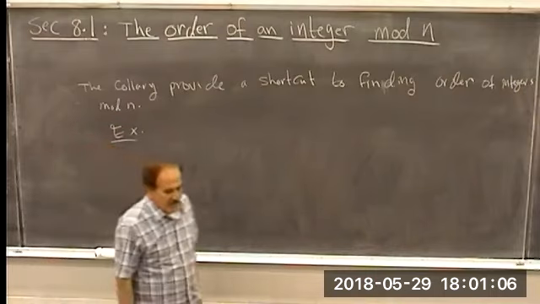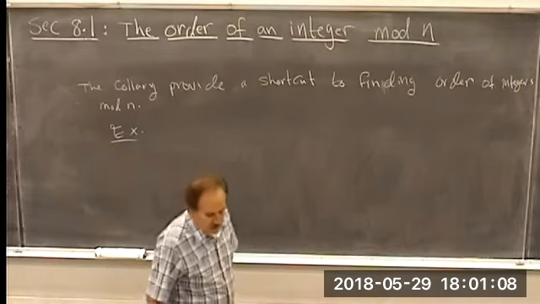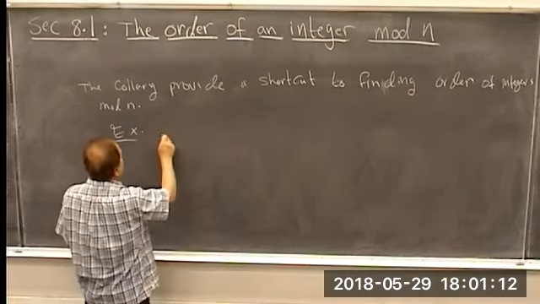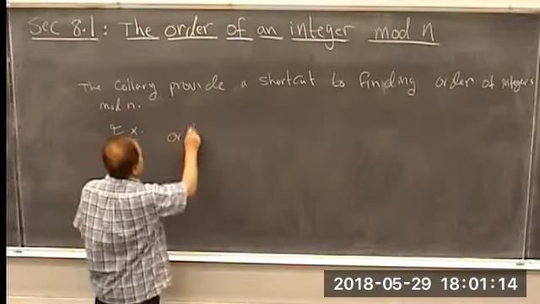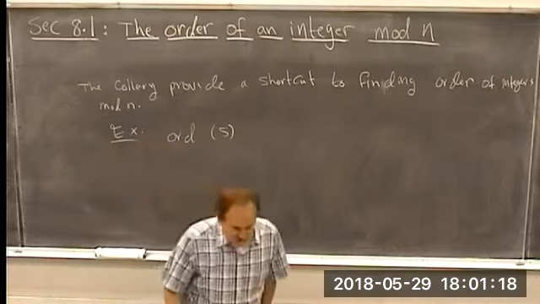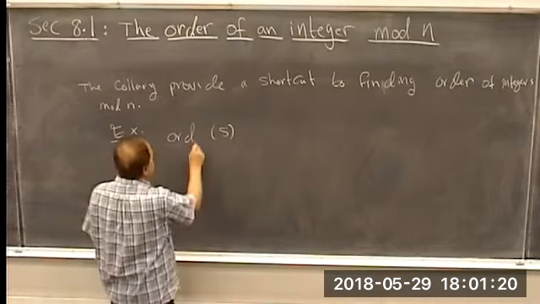So let's look at finding the order of 5 mod 17, for example.